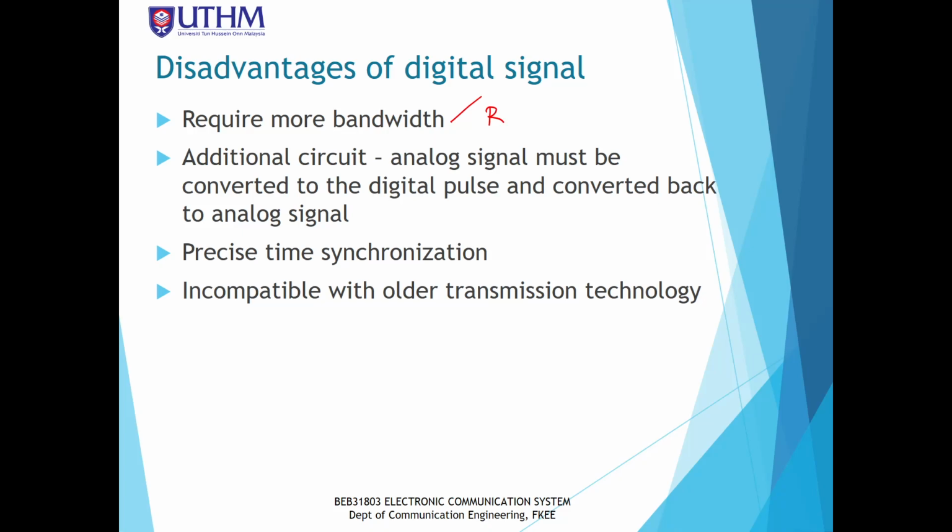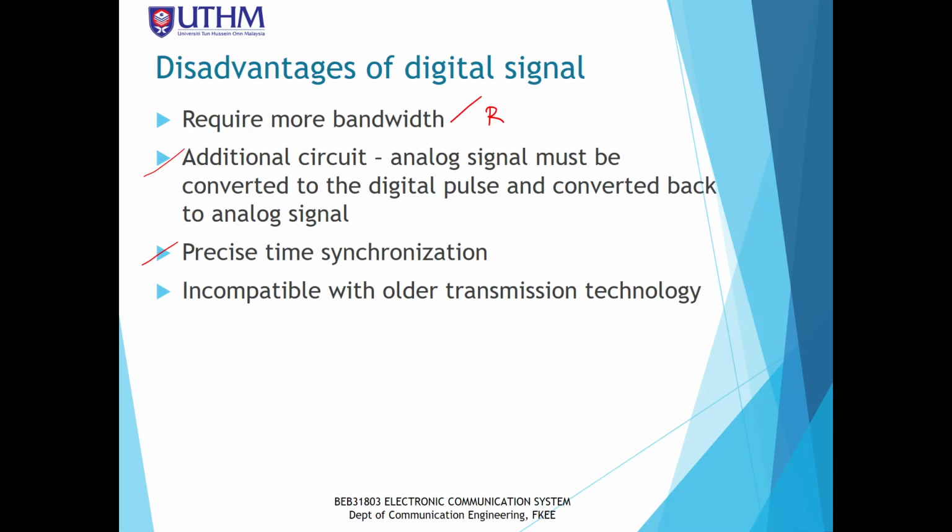Okay, and then what? Additional circuits. An analog signal must be converted to digital pulses and converted back to analog, so the circuit is more complex. And it needs precise time synchronization between the transmitter and the receiver.